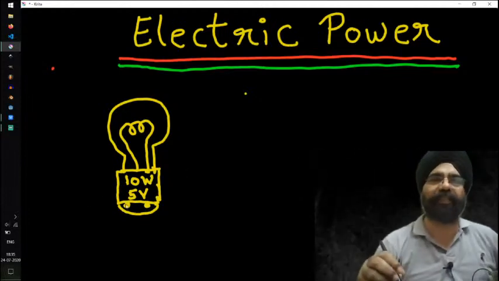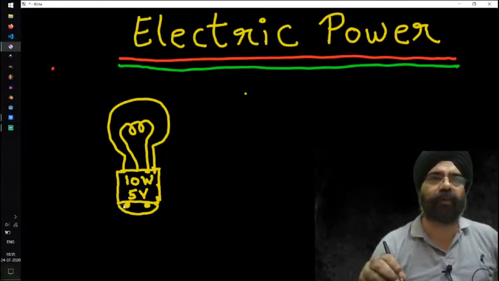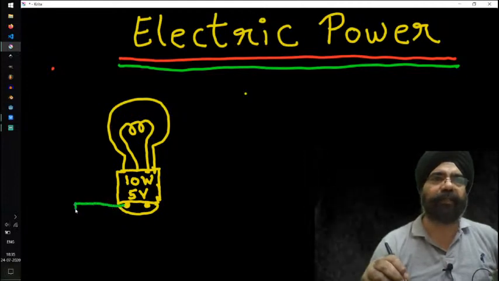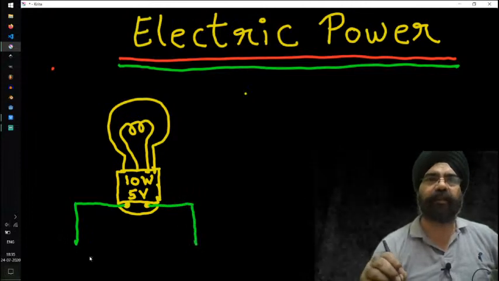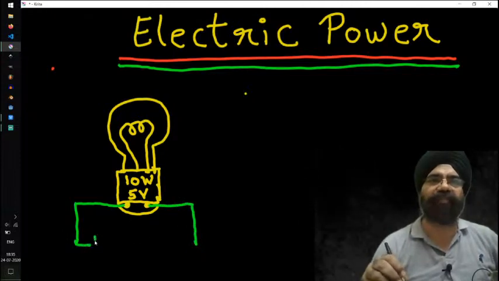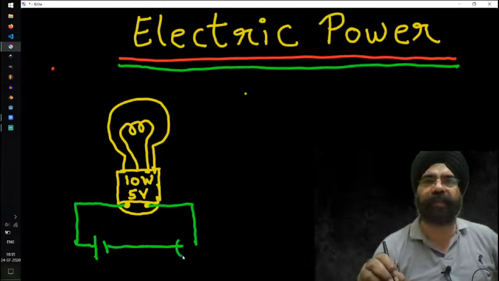Okay, so let's understand. Now, it says that this bulb should operate at a 5 volt potential difference to give optimum results, to give best results.